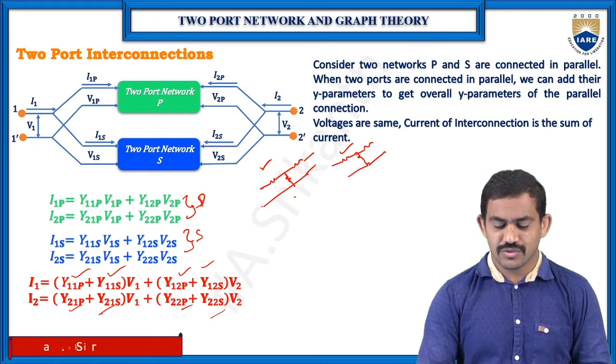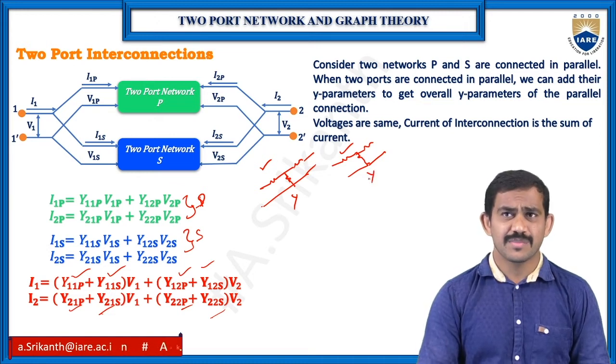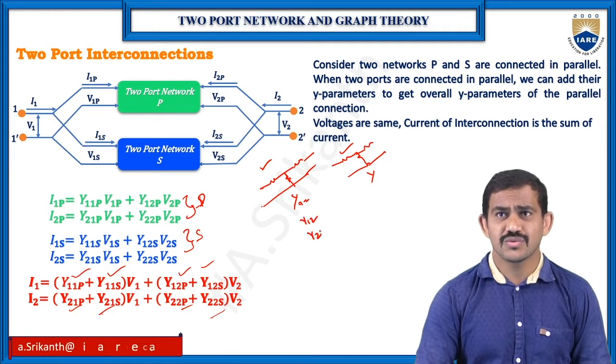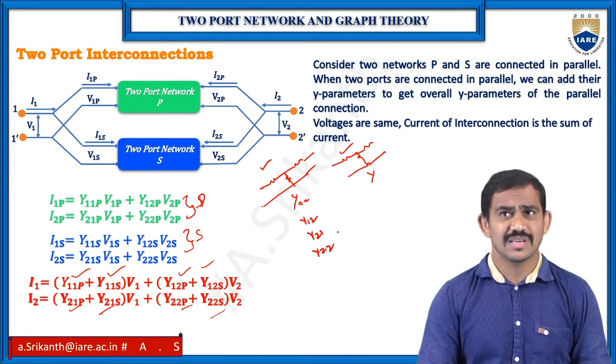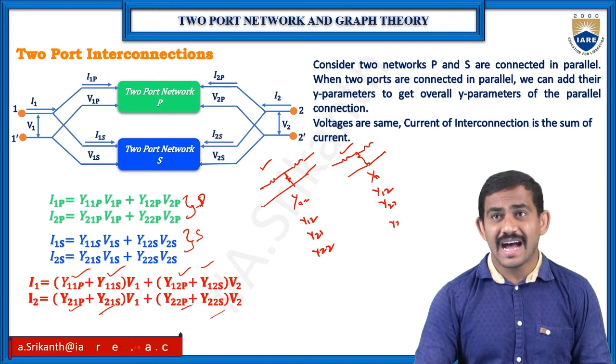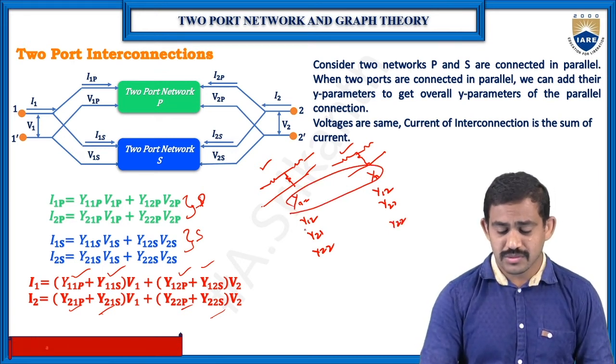So parallel means we need to go for the Y parameters, so admittance parameters. Then find out those values, Y11 of this network and Y12, Y21 and Y22 of this network. Same thing, secondary network also. We need to find out those values, and to find the equivalent value we need to add both.